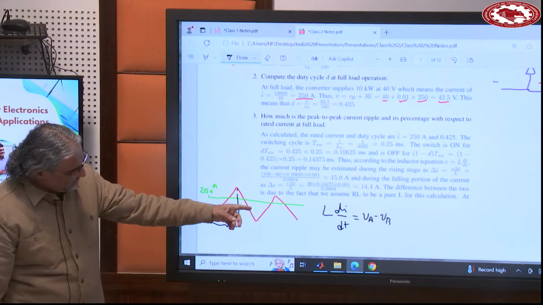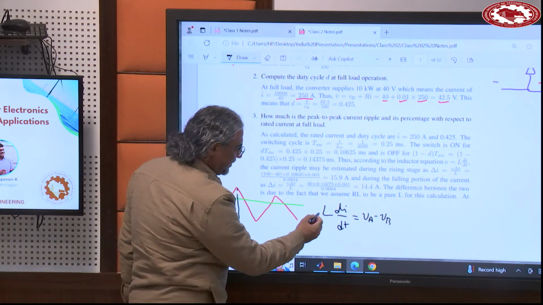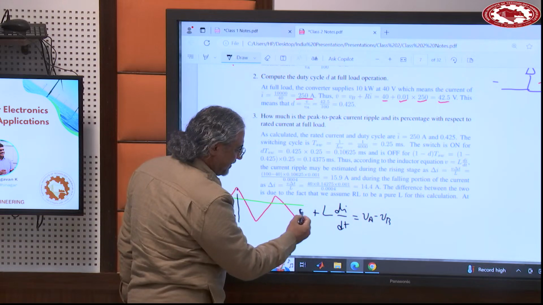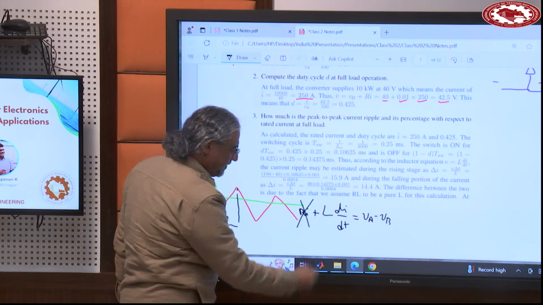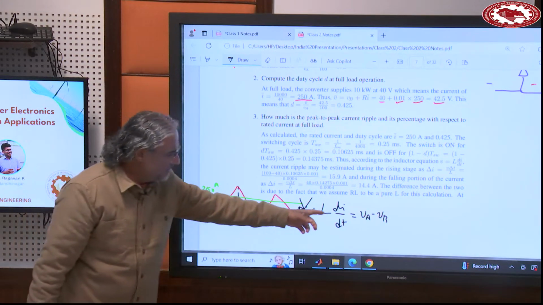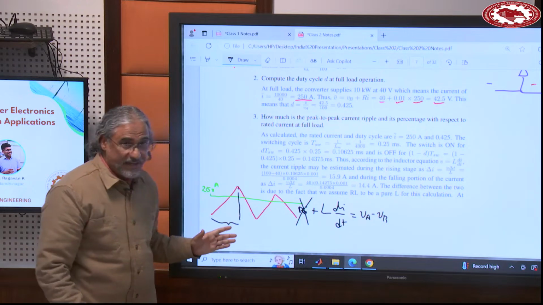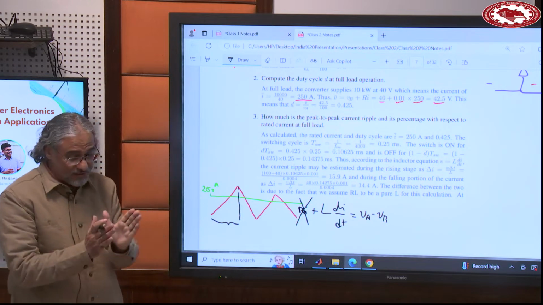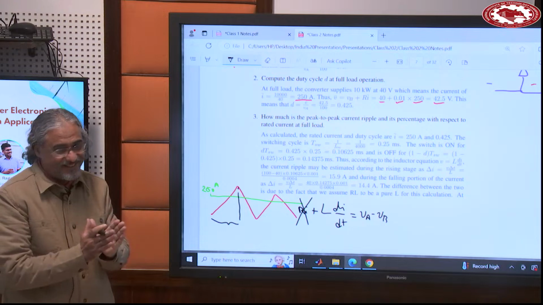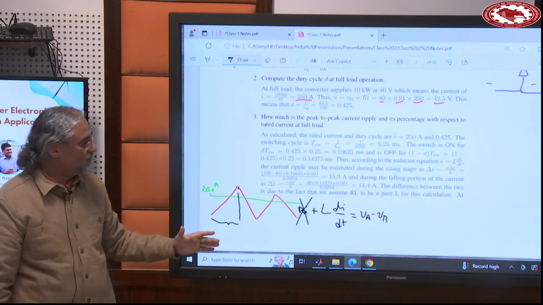You see in this equation, I ignored this term, Ri, because that term is small compared to this one. And this is the one that really generates these ripples. Now, in this item, we are within those short times, right? In the previous item, we were looking at DC, long time scale.